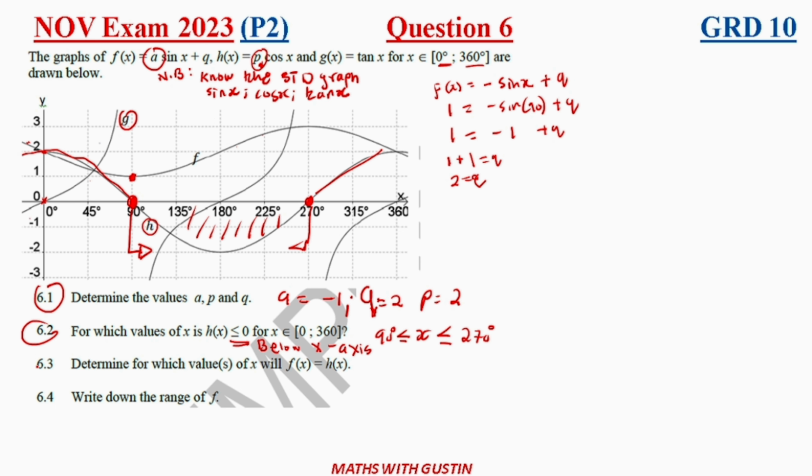So let's move on. 6.3 says determine the values of x for which f of x is equal to h of x. So we are looking for the values where these two graphs are equal. So it means they are touching each other in this case. Where there is h of x and also f of x, they are touching each other right there.